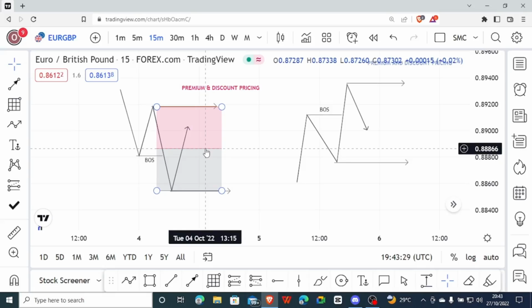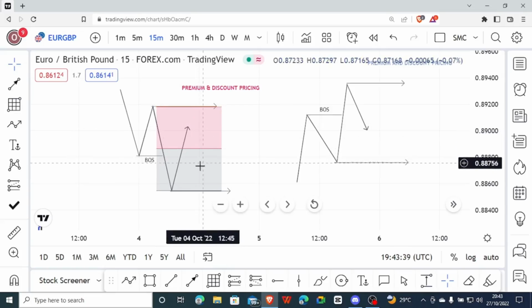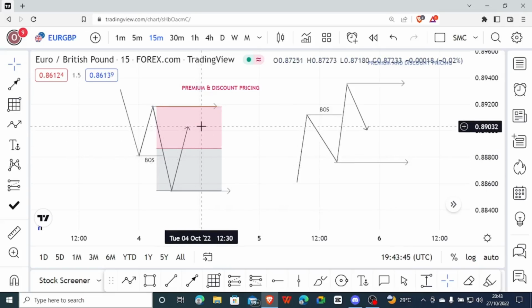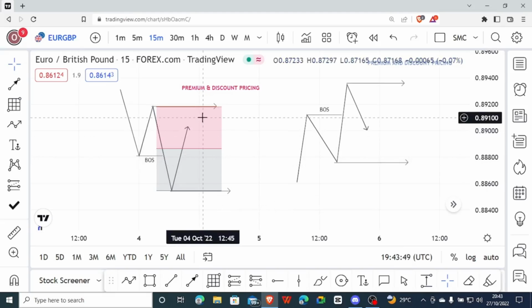Now anything above this 50% fib level is what is known as premium zone. Anything below this 50% fib level is discount zone. In other words, you want to buy from the discount and sell from the premium.